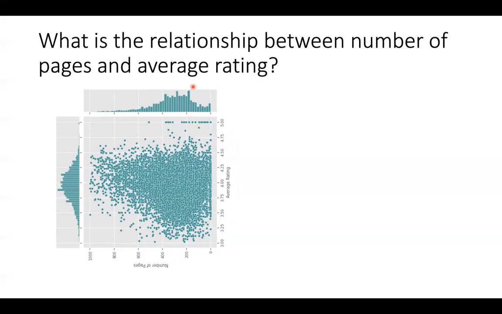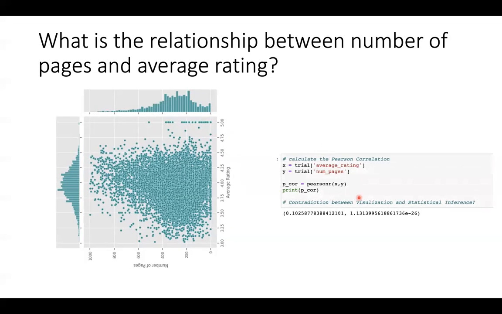However, when I try to do the statistical inference by calculating the Pearson correlation coefficient between the average rating and the number of pages, the number calculated is not very strong, or it shows that the correlation between the variables average rating and number of pages is not statistically significant.